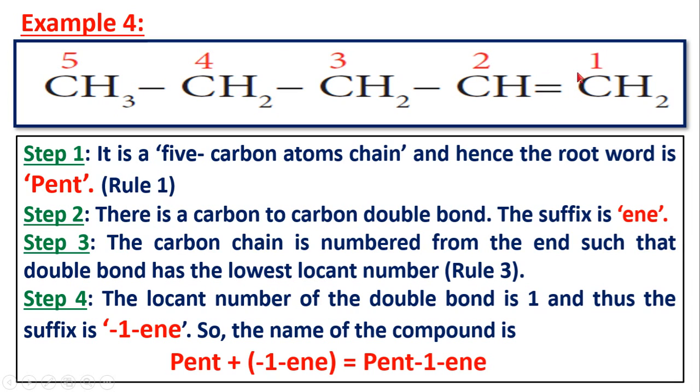Step 4. The locant number of the double bond is 1, as the double bond is attached at the first carbon. So the suffix is 1-ene. The name of the compound is pent plus 1-ene, that is equal to pent-1-ene. The name of this compound is pent-1-ene.